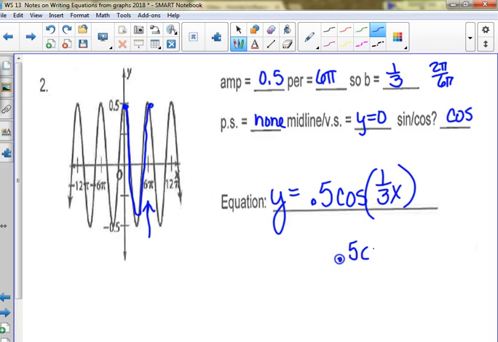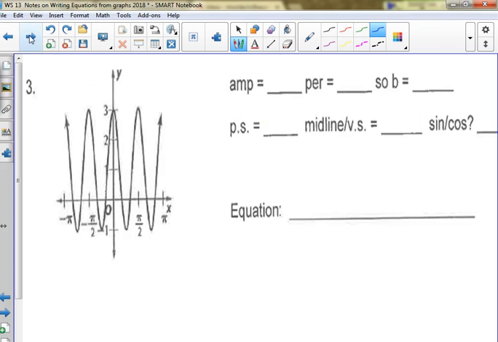Or 0.5 cosine x over 3? Yep, either one. Just want to make sure we're comfortable that that's the same thing, because they will do it either way. Any questions?